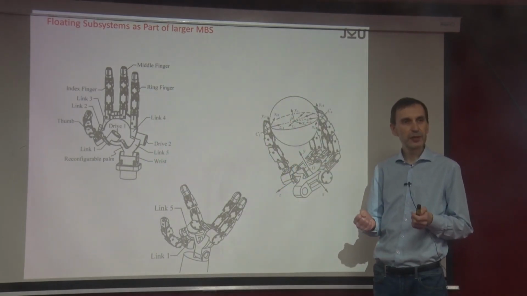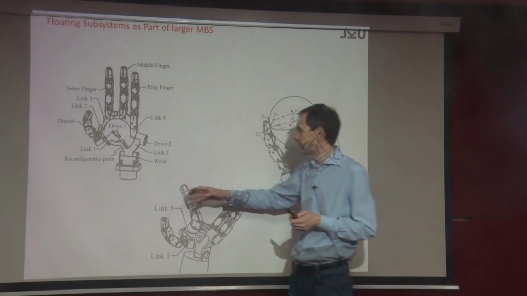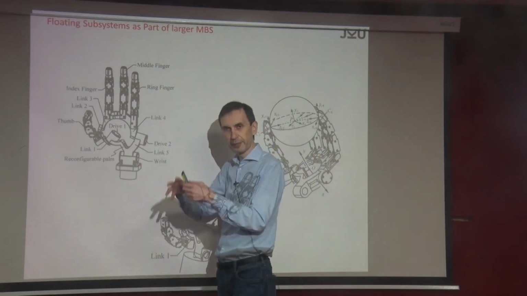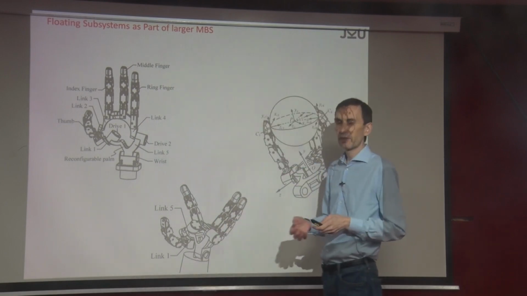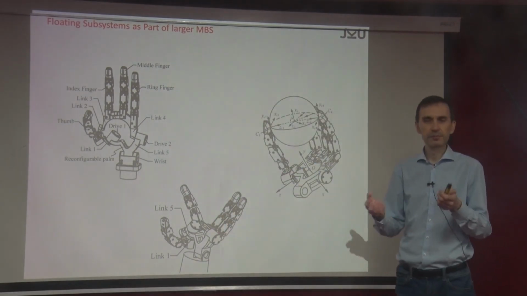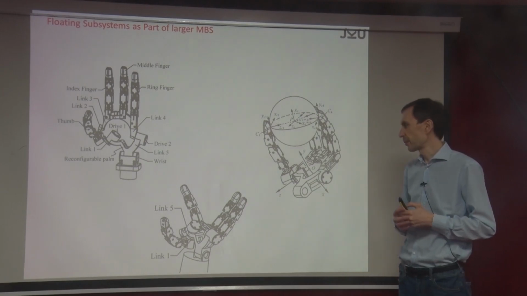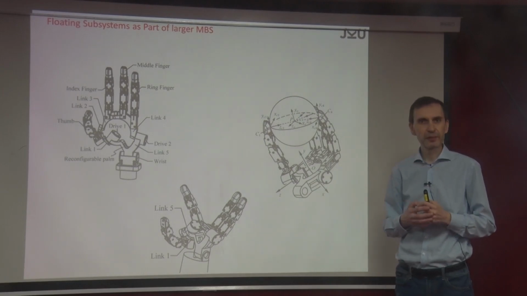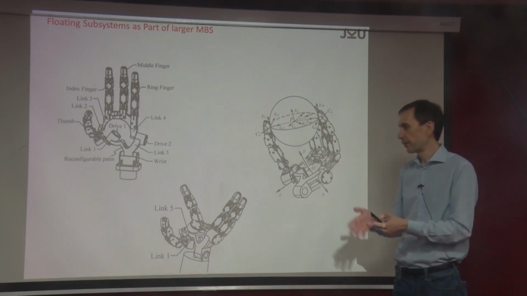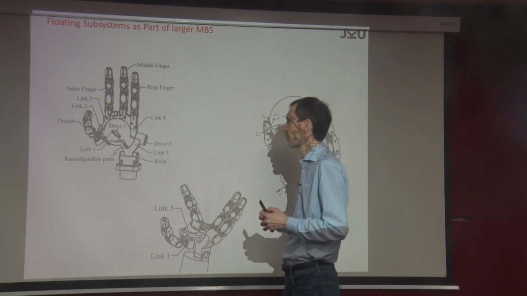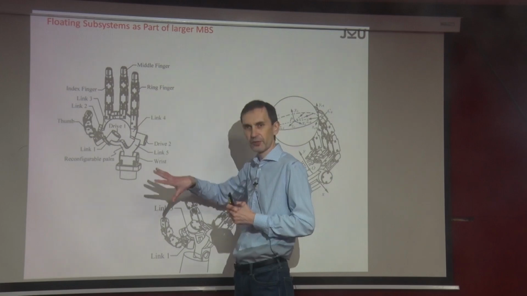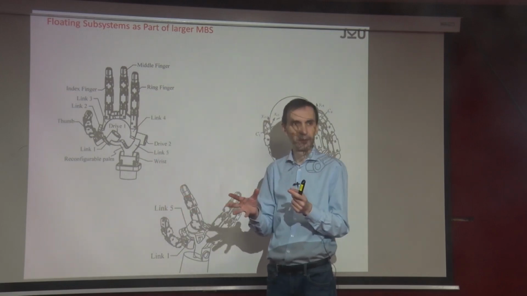So once you have the equations for the system with the base free floating, you can then later on say, okay, the base is moving according to whatever, right? And there's a topic called subsystem modeling, and this goes in the direction of subsystem modeling, because you can say that, for example, this is a subsystem of the big system, okay?